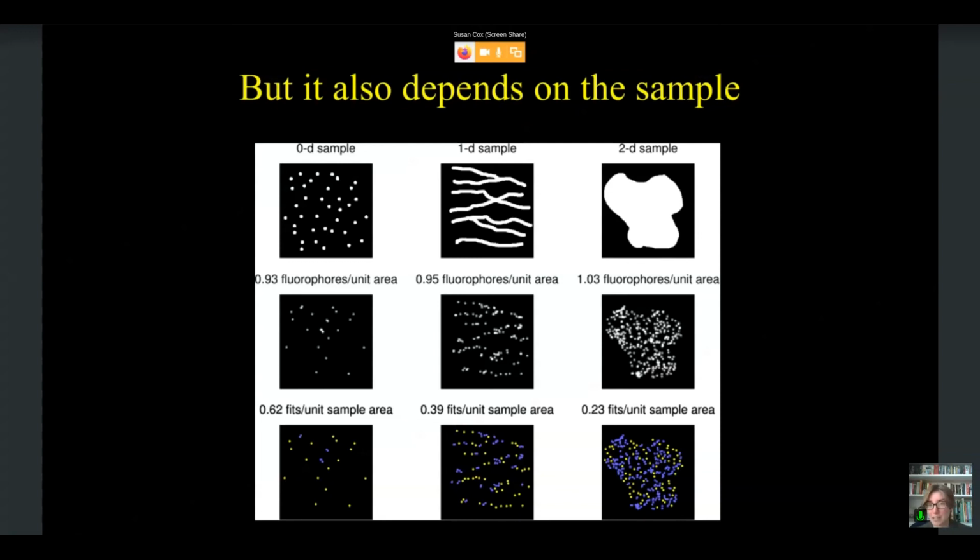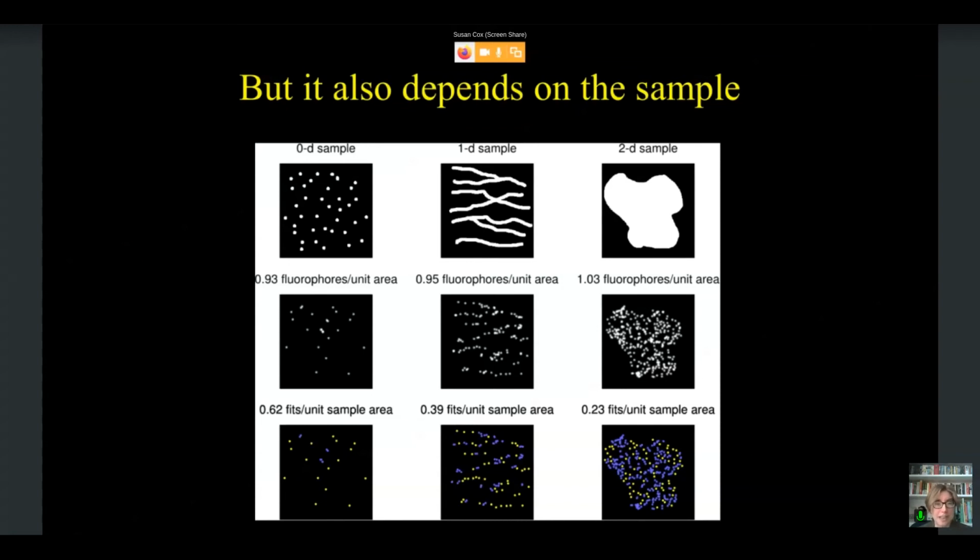And that could be something like a focal adhesion. And I activate all those types of samples at a given number of fluorophores per unit area. And then I ask, how many successful fits can I get per sample area?